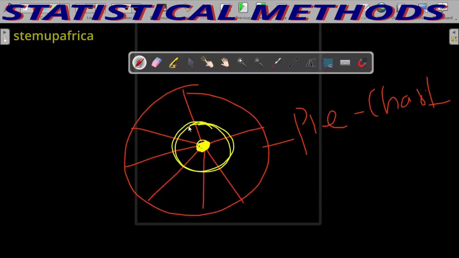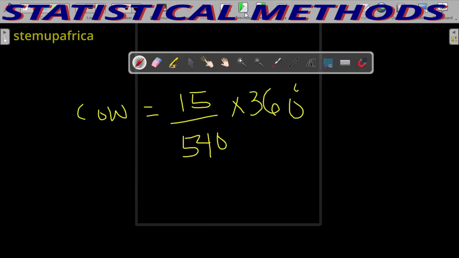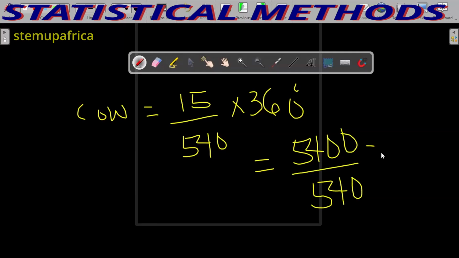That's why we are using 360. If I multiply and divide, 15 times 360 divided by 540 will give us 10 degrees. So that's why I believe it's a sector, not percentage. The question is wrong. This is how you do sector, 15 over 540 times 360, which gives us 10 degrees.